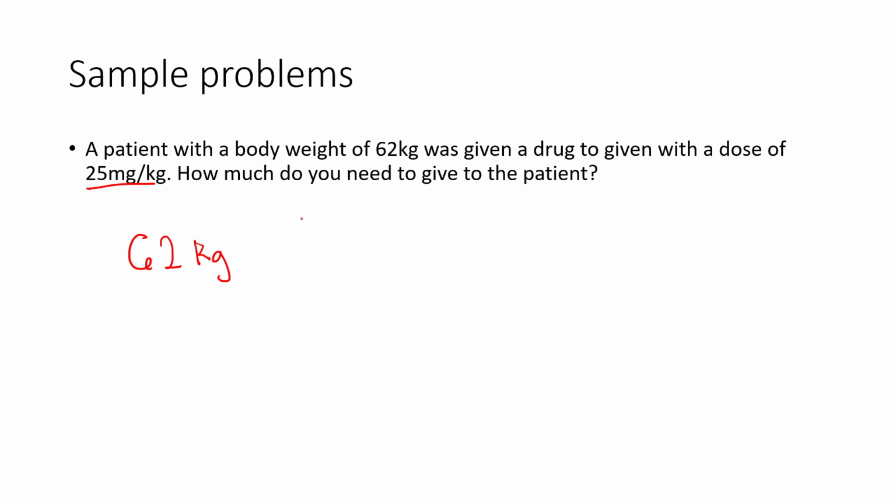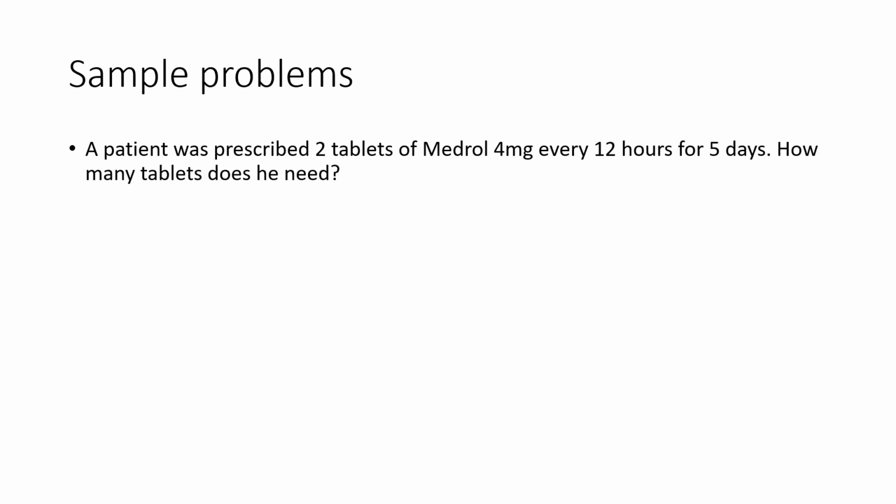How much of the drug do you need to give the patient? You simply need to multiply the weight by the dosing. So 62 times 25. That is 1,550 milligrams.